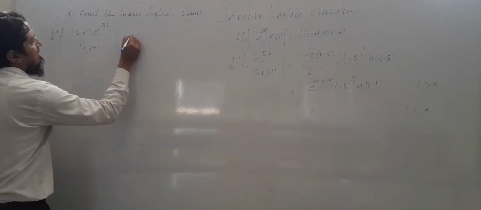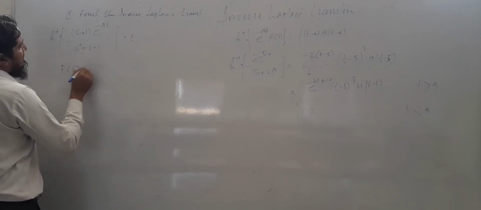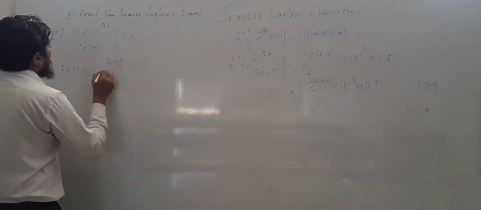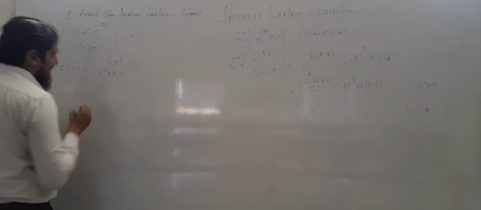Consider f of s is equal to (s plus 1) upon (s square plus s plus 1).